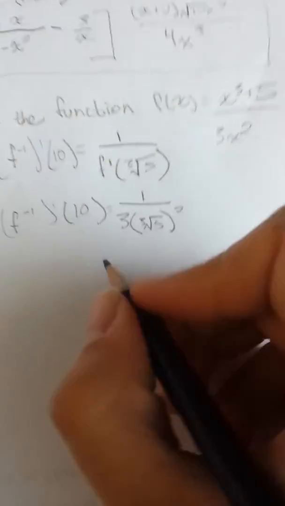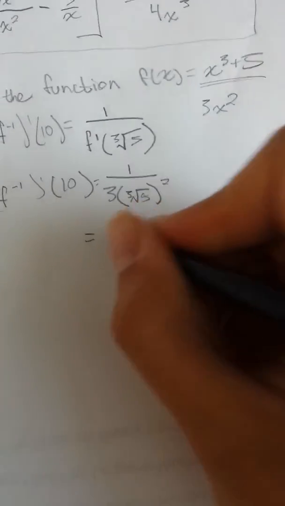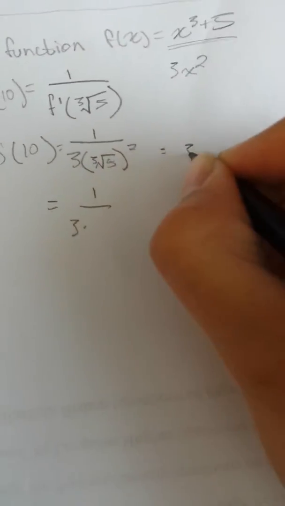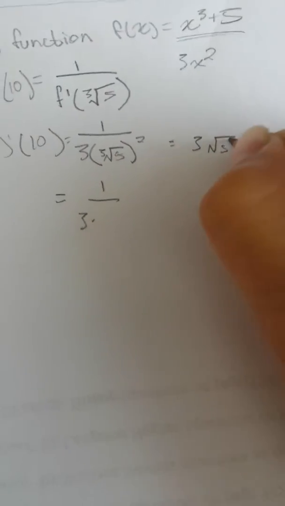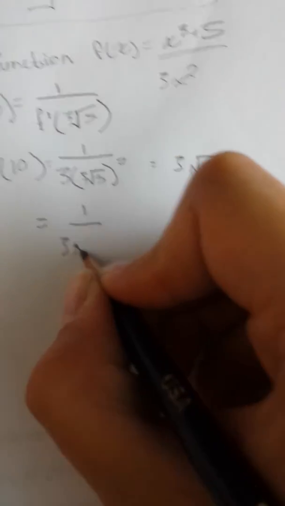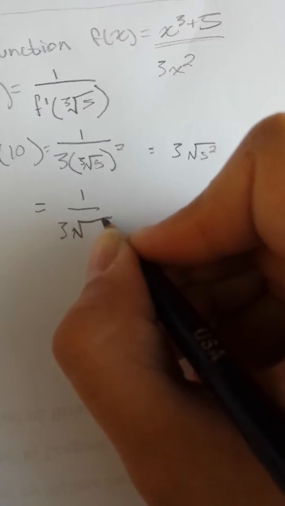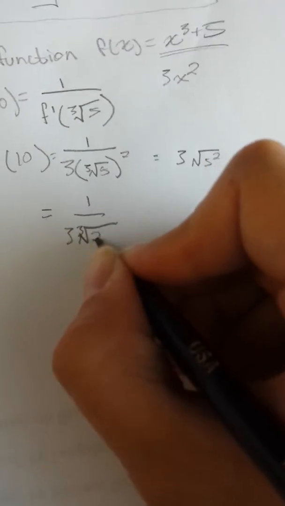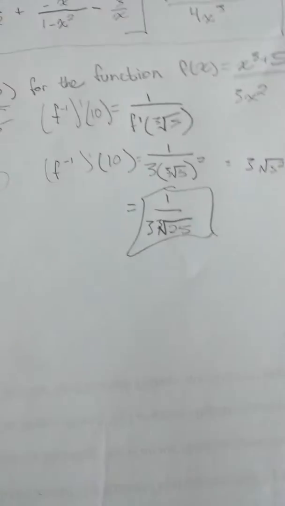Now, you can simplify this. Because this is 1 over 3 times the cube root, this can be rewritten as the cube root of 5 squared. So then you get 3 times the cube root of 25. And yeah, that's your final answer. That's your inverse at 10.